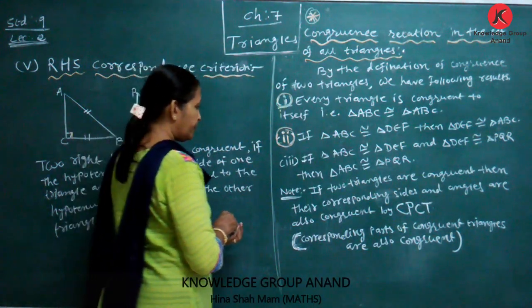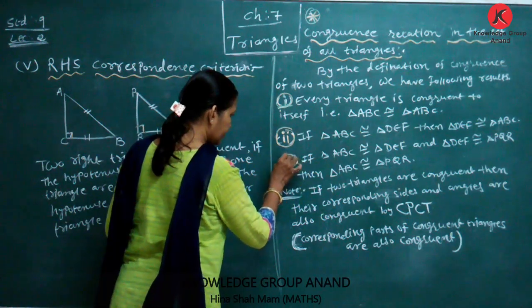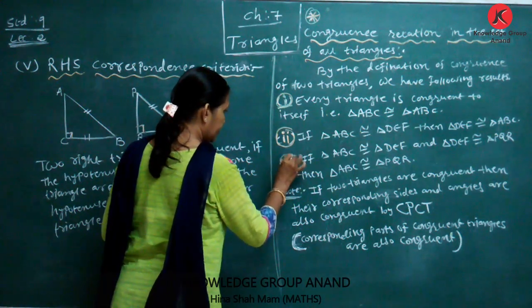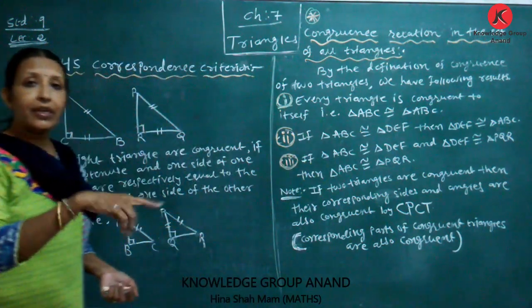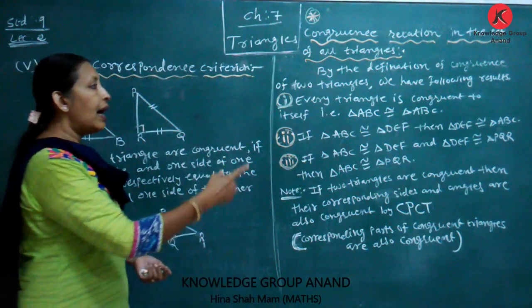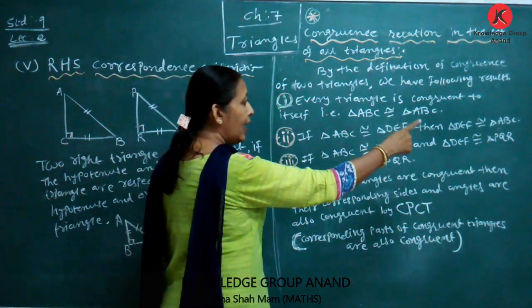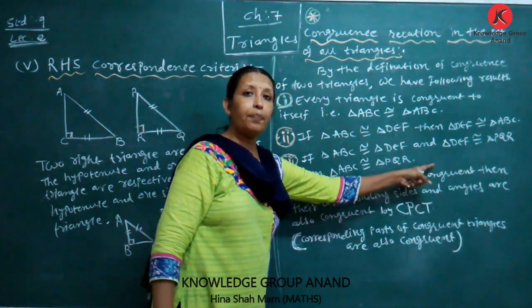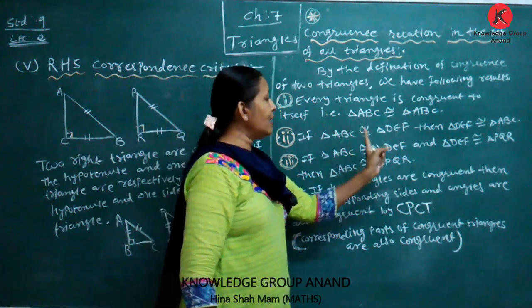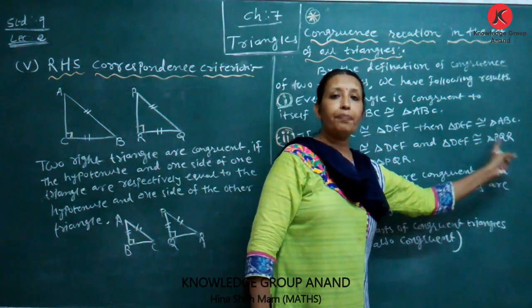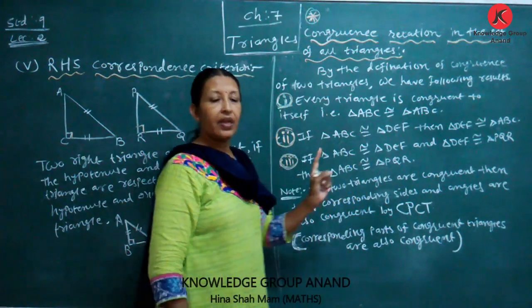Number 3: if triangle ABC is congruent to triangle DEF and triangle DEF is congruent to triangle PQR, then we say that triangle ABC is congruent to triangle PQR.